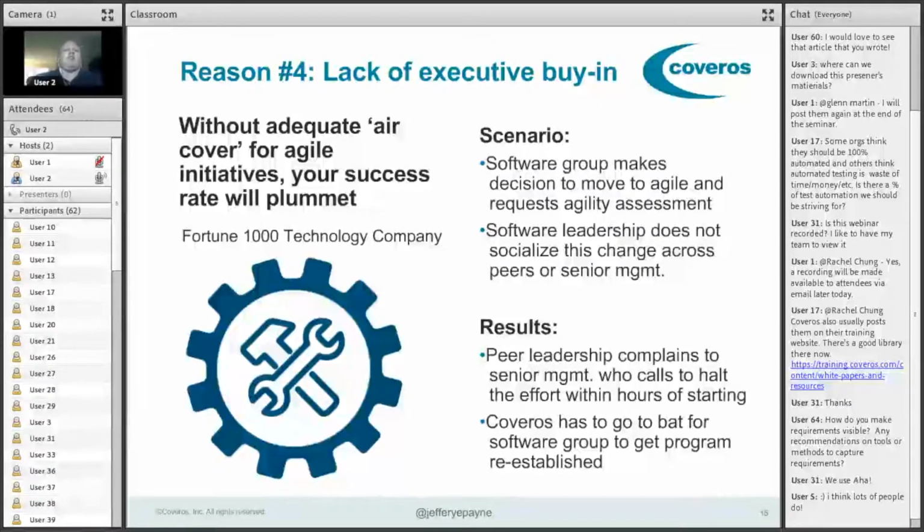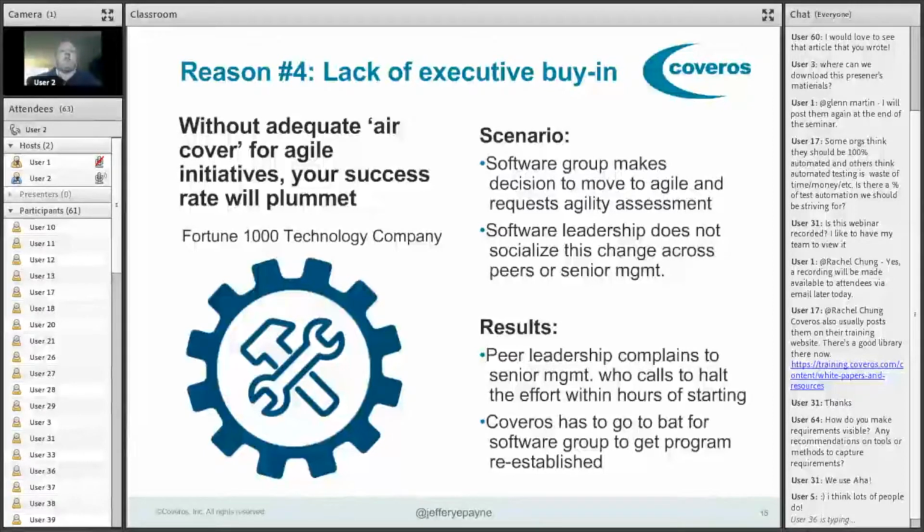They really didn't socialize it to anybody else who was going to be touched by Agile. And Agile touches everything, right? Ultimately, if you're going to make it successful, you're going to need things from other people in other groups. And whether they're Agile or not, you're going to have some kind of relationship to get what you want when you need it, or it's not going to work.